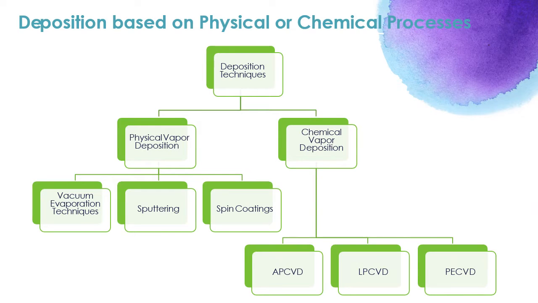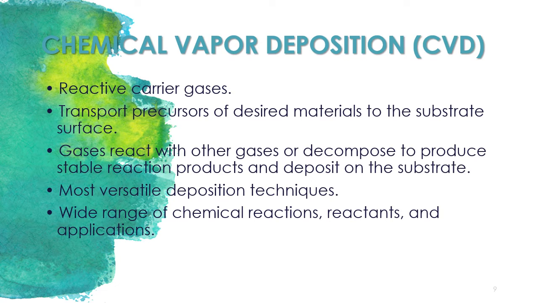So if we classify the deposition techniques into physical vapor deposition and chemical vapor deposition, under physical vapor deposition or PVD, there are vacuum evaporation techniques, sputtering, and also spin coating. For chemical vapor deposition, we're going to cover APCVD, LPCVD, and PECVD. Chemical vapor deposition involves reactive carrier gases that transport the precursor of the desired material to the substrate surface.